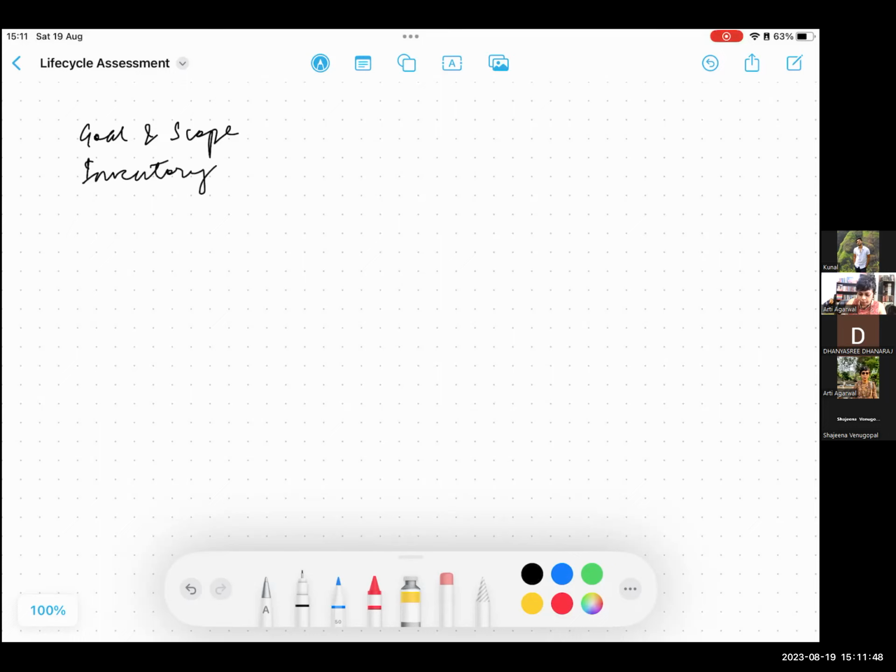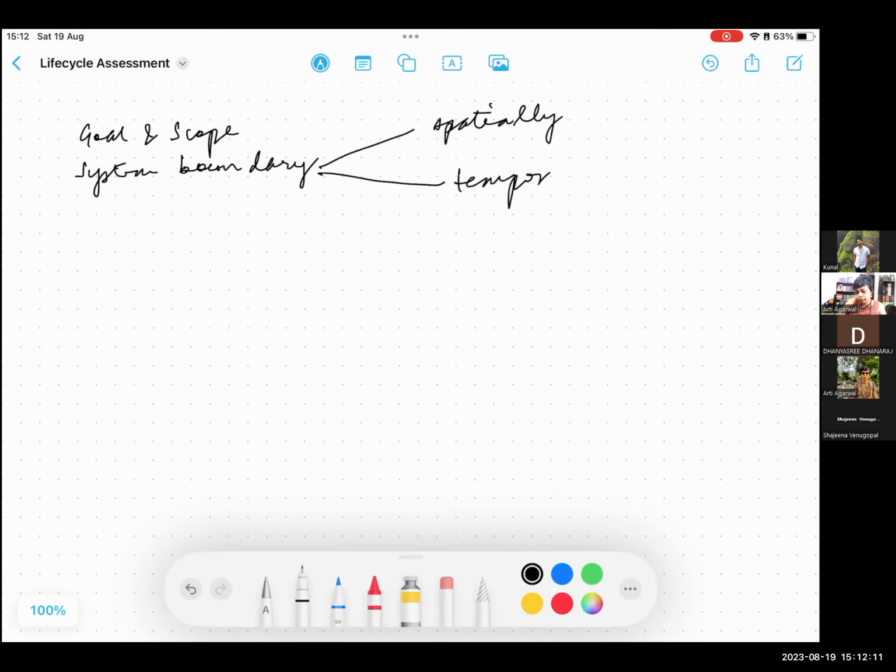Actually, even before that, wait, not inventory. You define the system boundary, spatially as well as temporally. Both are very important.